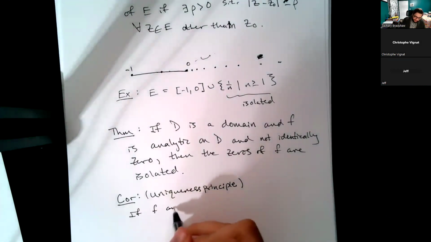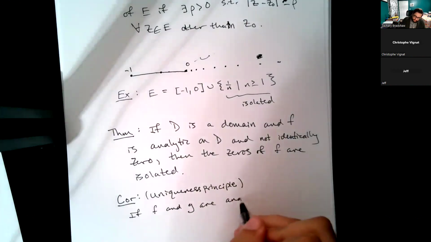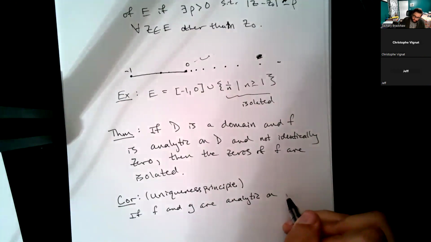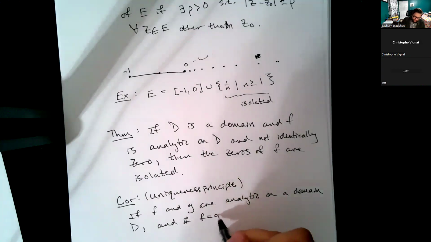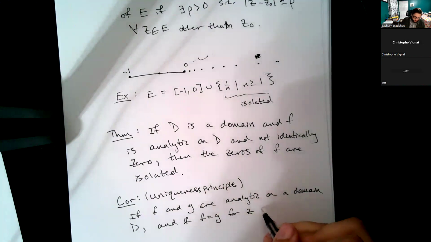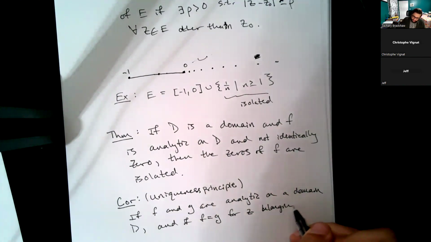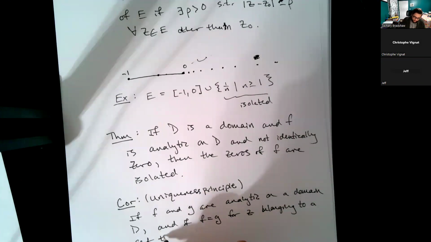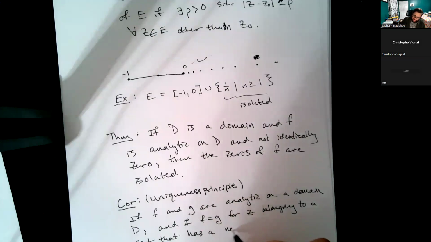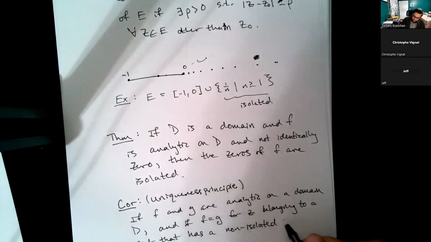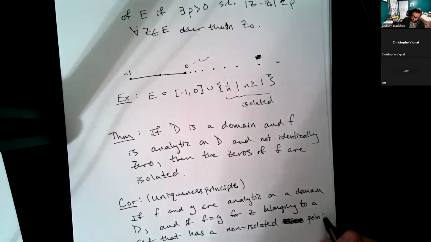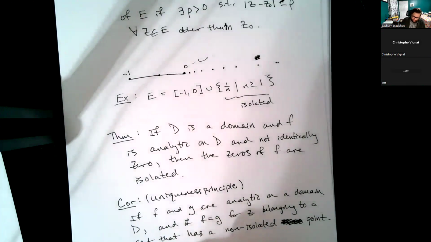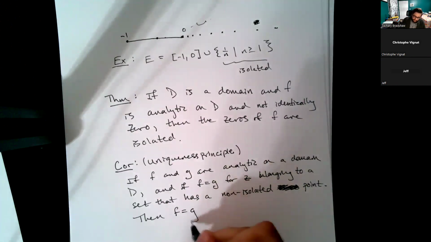If F and G are analytic on a domain D, and if F is equal to G for z belonging to a set that has a non-isolated point, actually you don't need 0 there, you need a point, then F is equal to G on D.